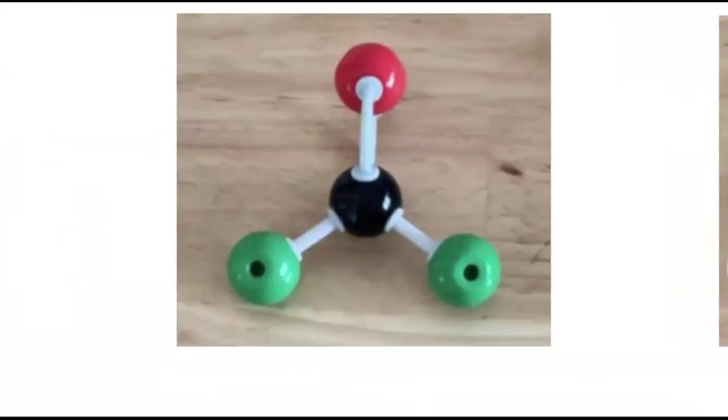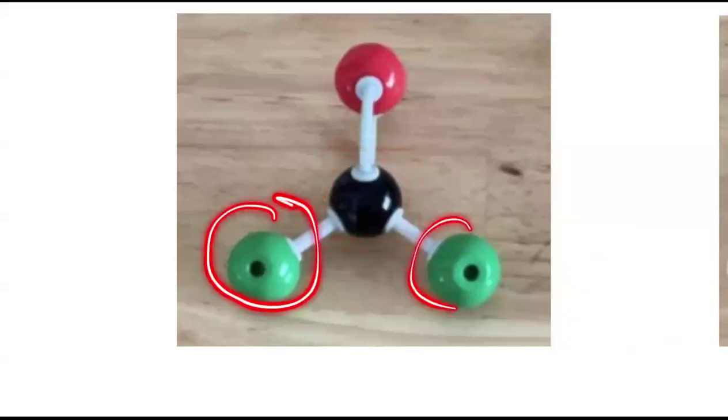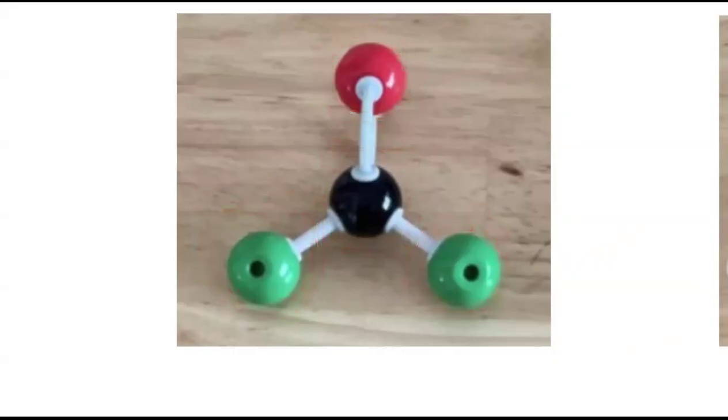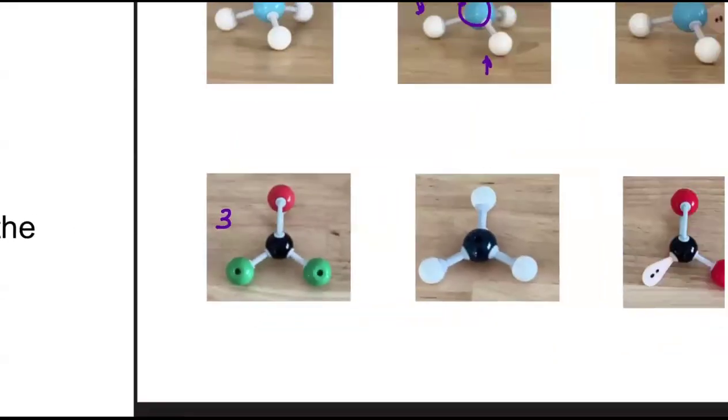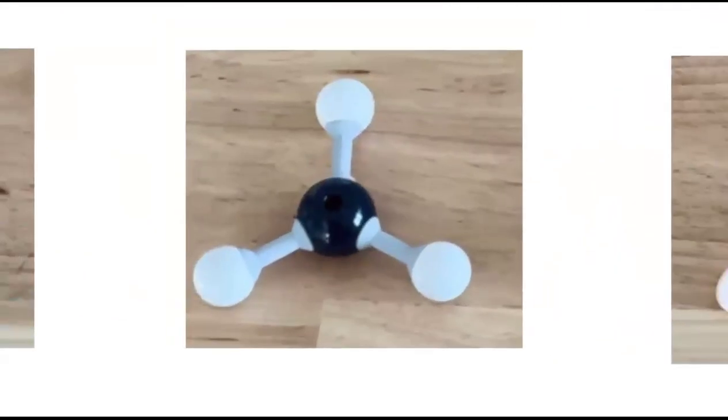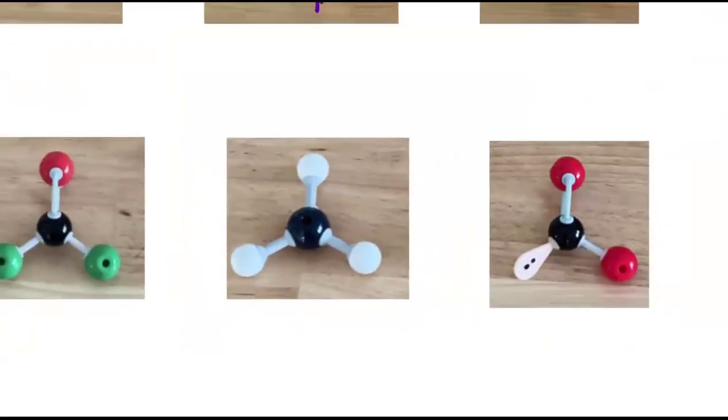How about this one? My central atom's what color? Black, the one in the center. How many things do I have directly attached to it? I have 3. How about this one? Central atom's black. I have 1, 2, 3 things bonded to it. My steric number is 3.